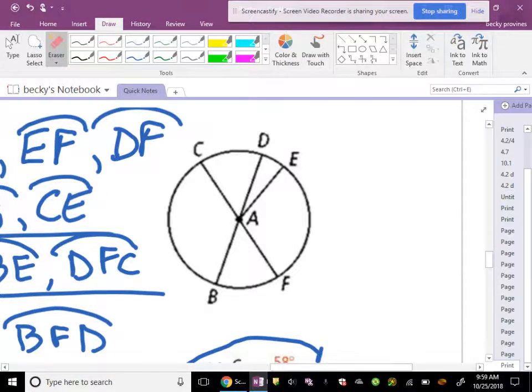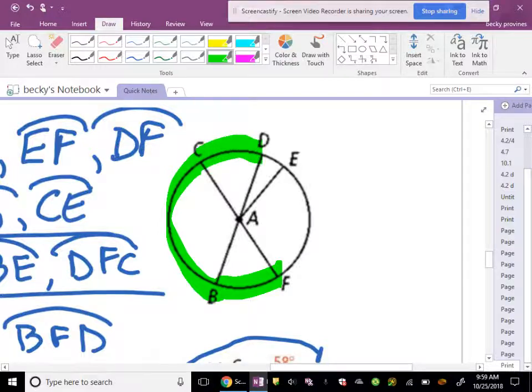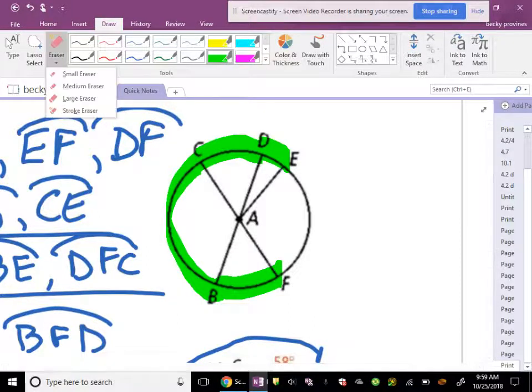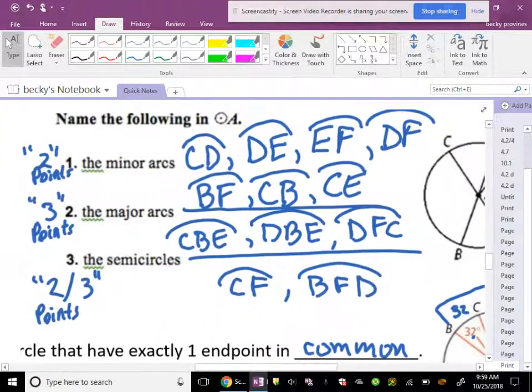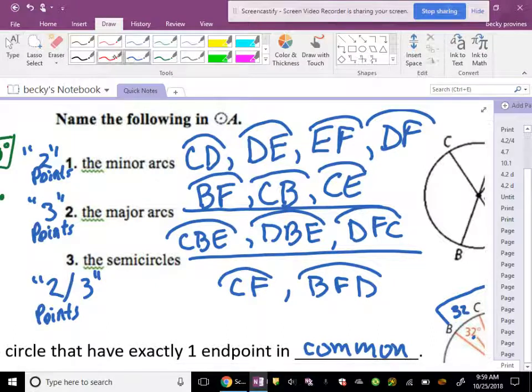Let's start at F. F to B, now it's minor. To C, nope, that's a semicircle. So you could go to D or you could even go to E because they're both major arcs. So again, there's lots and lots of them. Looks like I only wrote a few, and I think I wrote those right there. So just pick a couple, 2 or 3, and write them down.